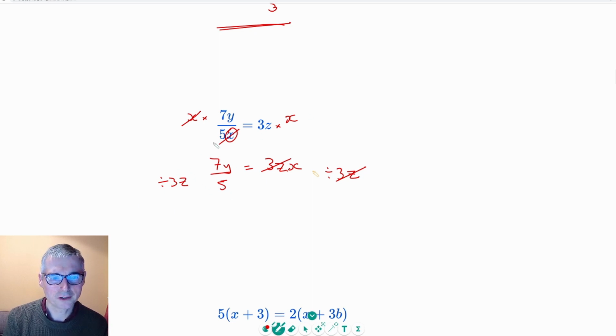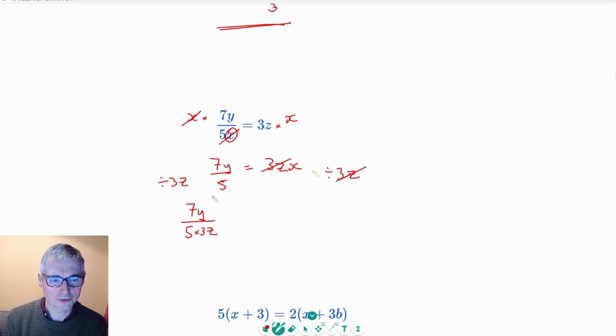If we're dividing a fraction by anything, then actually I can do that by multiplying the bottom line of the fraction by what I'm dividing by. So to divide 7y over 5 by 3z, I'll actually get 7y over 5 and then times by 3z in the denominator.